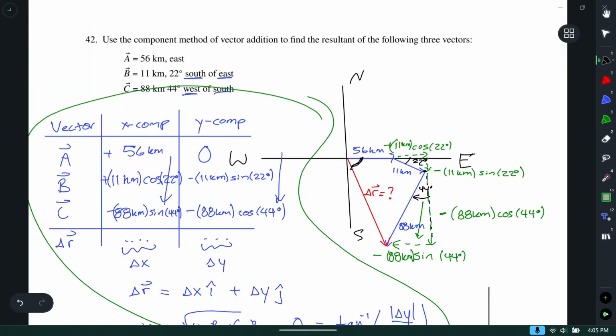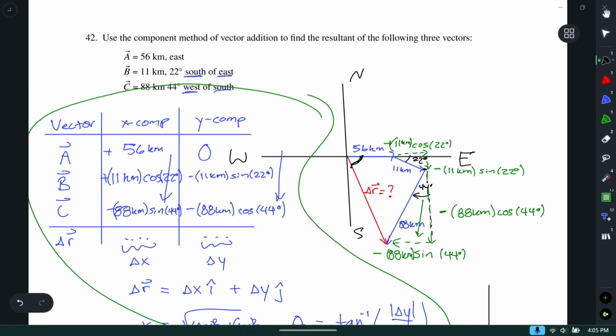So maybe just as an example of that, from this problem, we used this 44-degree angle. If you really like the x-axis, you might instead use this angle, which is 46 degrees, because they have to add up to 90.